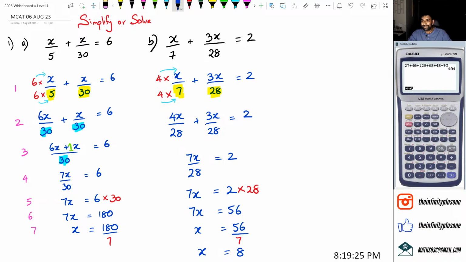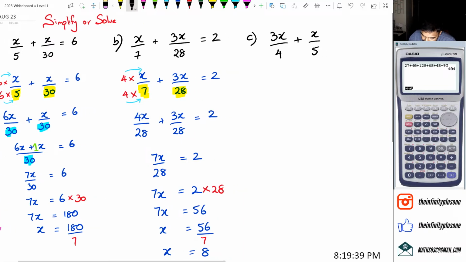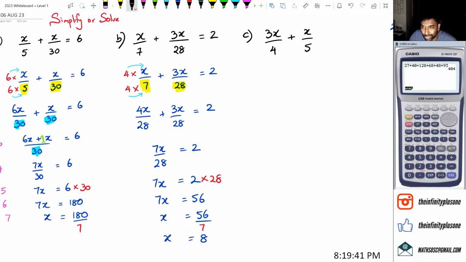Yes, Talia, that is pretty much the next question that we're going to be doing. So the next question I'm going to be doing for you guys is something like this. 3x over 4 plus. And just for making things a little bit more fun, shall we throw in an inequality in there? Nah, let's not. Not yet. So try question C there, where I've actually put in 2 different denominators, like Talia asked.